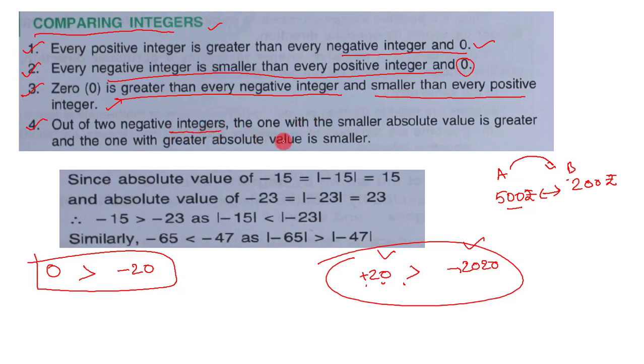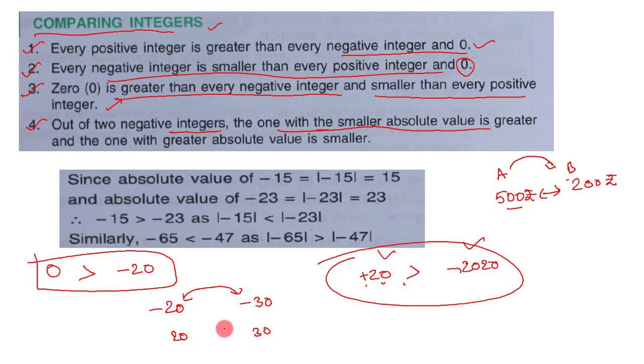The fourth concept is about two negative integers. Out of two negative integers, the one with the smaller absolute value is greater. If we are given two negative numbers, like minus 20 and minus 30, we need to compare them by taking their absolute values. The absolute value of minus 20 is 20, and of minus 30 is 30.